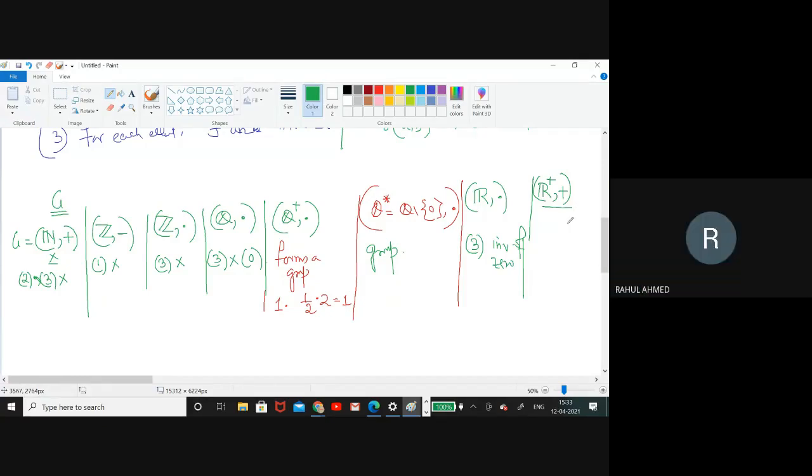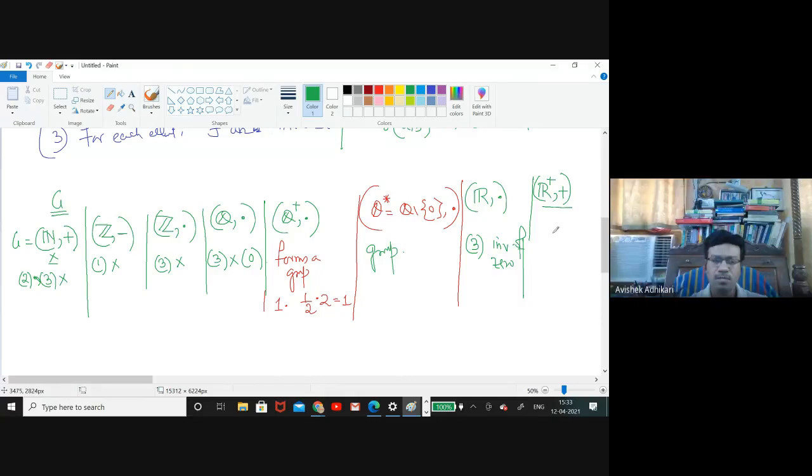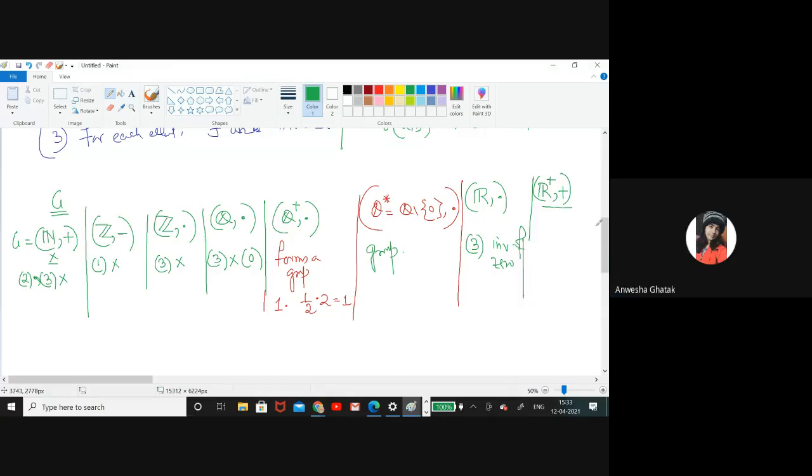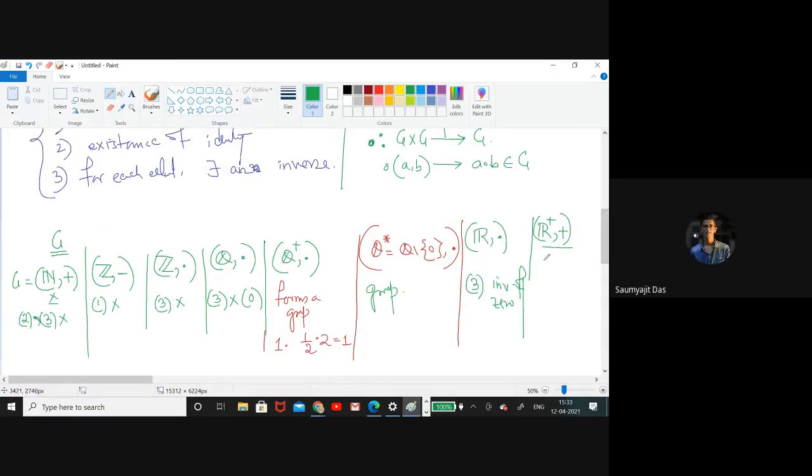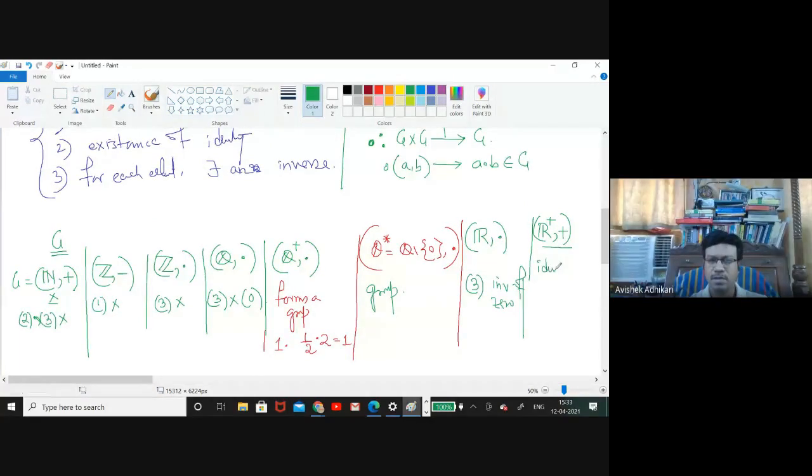Which property is the problem? Property one, the identity. Because if I consider positive real numbers, then 0 will not be an identity. So 0 is not present, and it is also not a group.